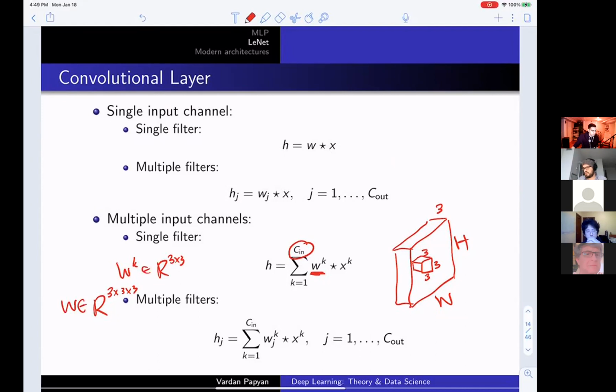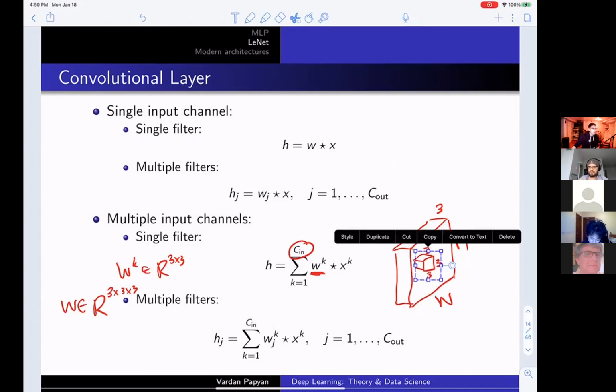Let me illustrate the moving. Hold on one second. So you see, I'm illustrating a convolution using this technology. You start here, you shift the filter, shift. So it doesn't move depth-wise.